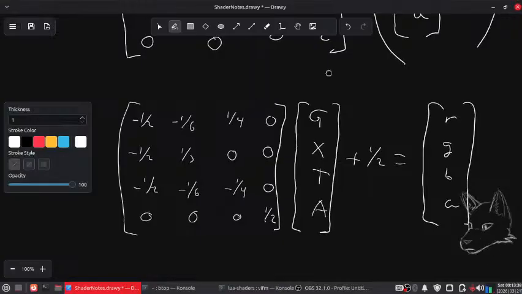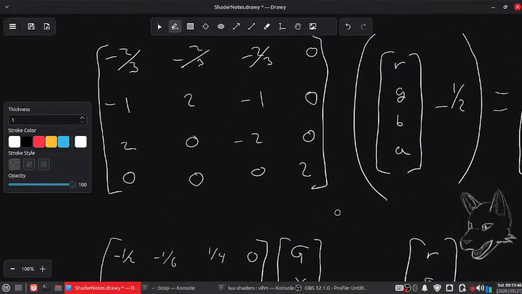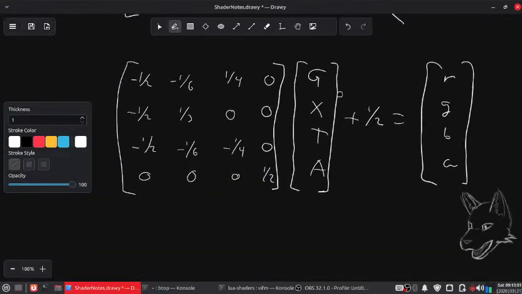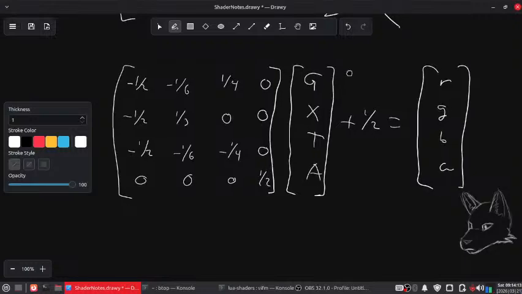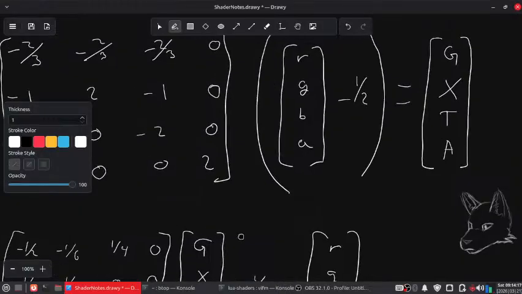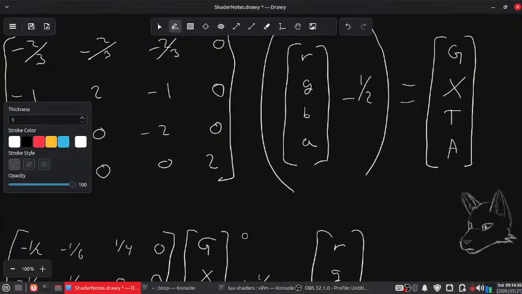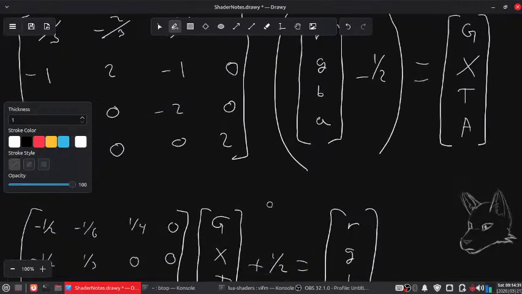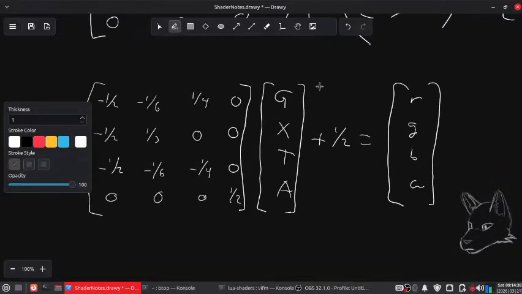But it's already divided by 2. Yeah, the whole thing is divided by 2. The G needs to be positive.